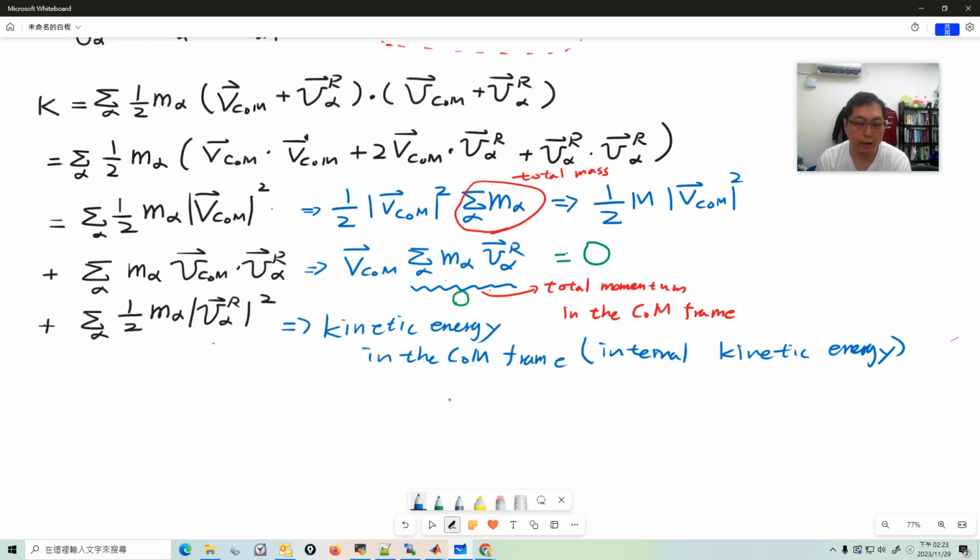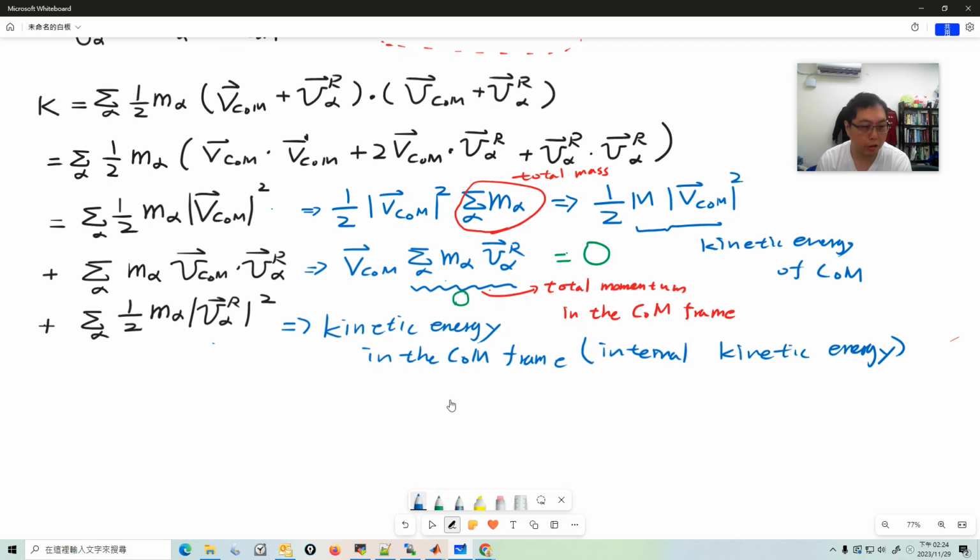And I forgot what's the first term. This is the total mass times the velocity of center of mass square. So this is kinetic energy of center of mass.